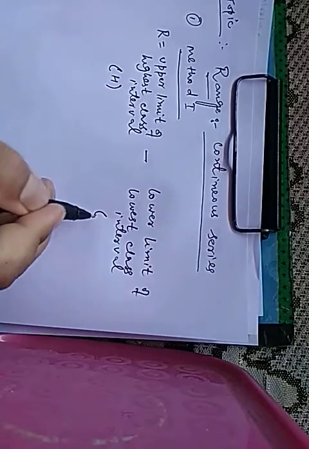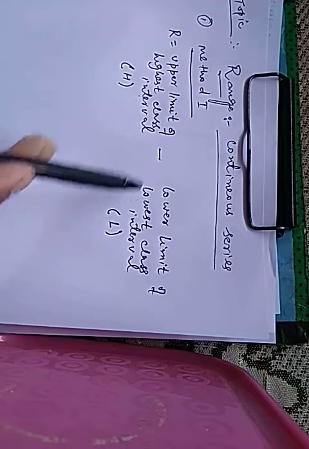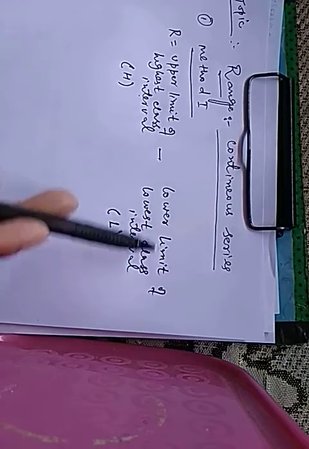That is, highest value minus lowest value, and highest value here means the upper limit of the highest class interval, and lowest or smallest value means the lower limit of the lowest class interval.